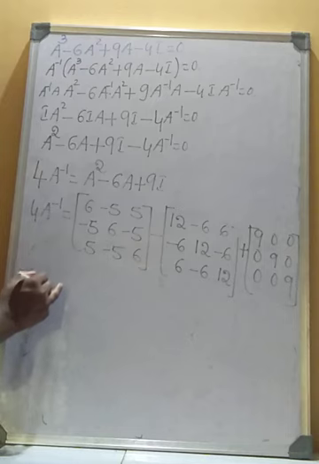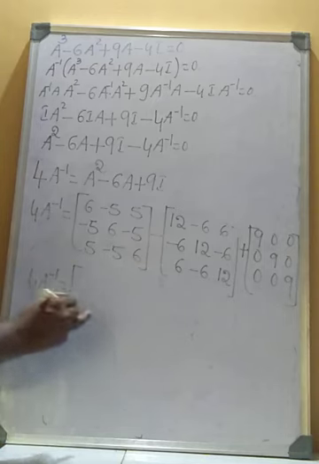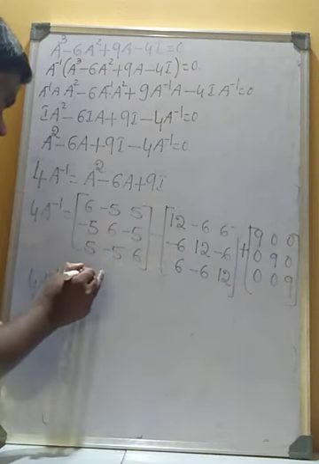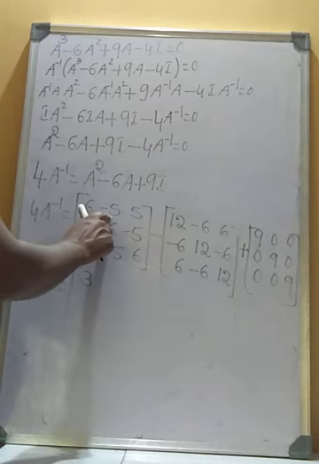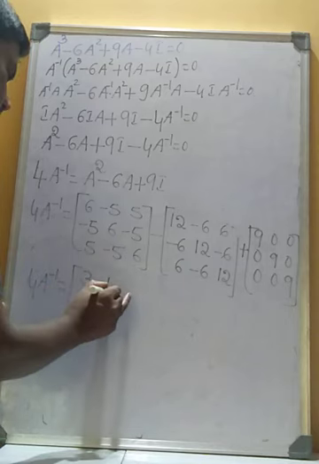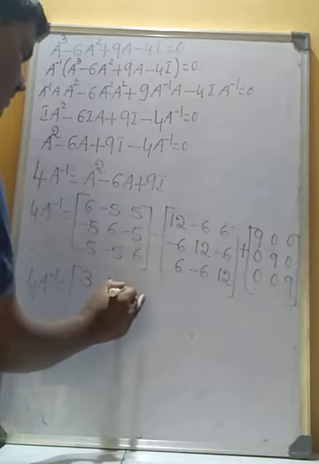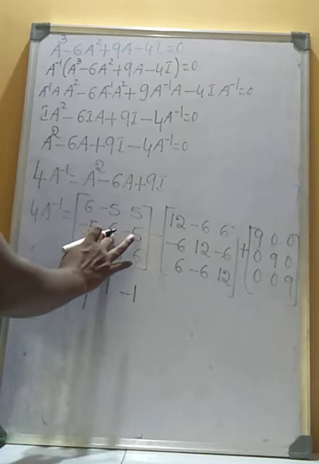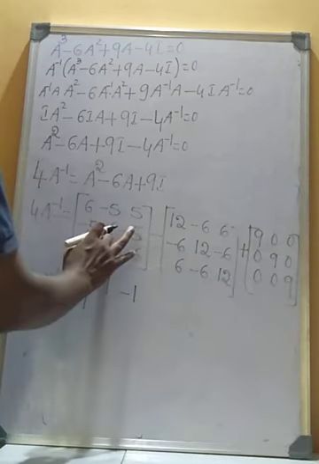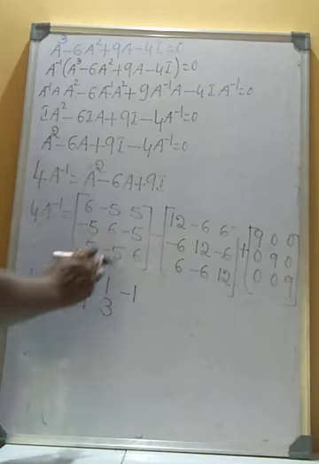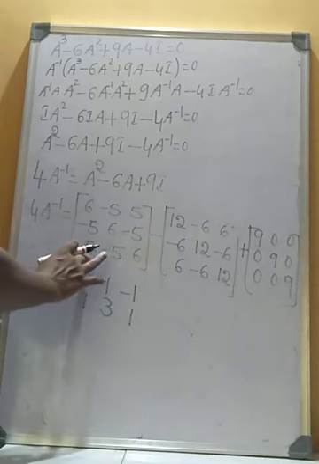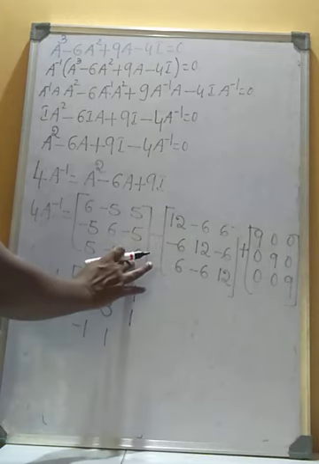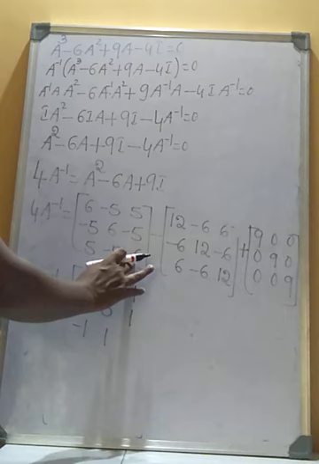Therefore 4 into A inverse is equal to 6 minus 12 plus 9 is 3, 15 minus 12, 3, minus 5 plus 6, so 1, 5 minus 6 is minus 1, minus 5 plus 6 is 1, and so on.